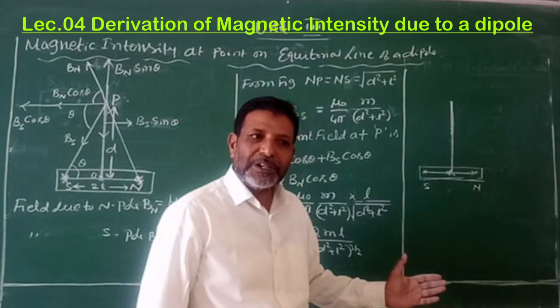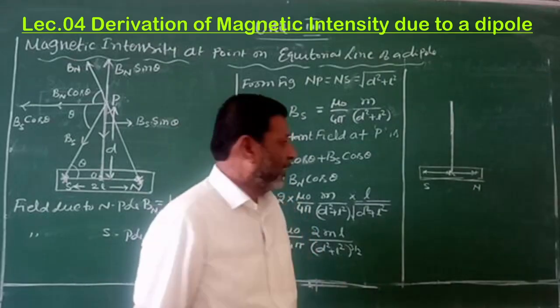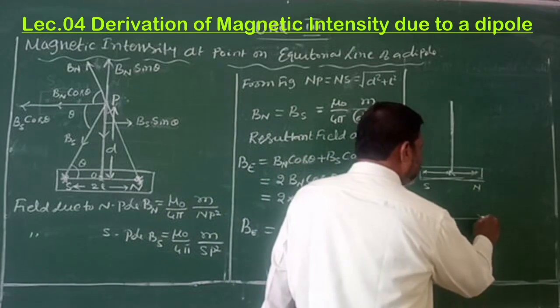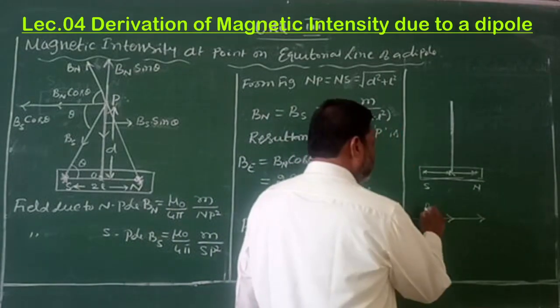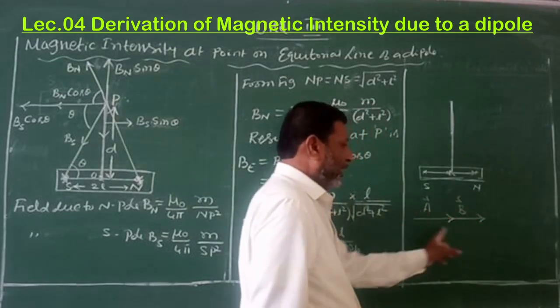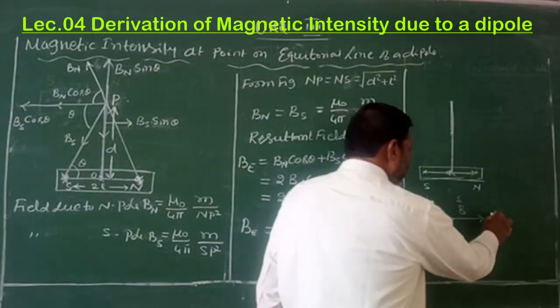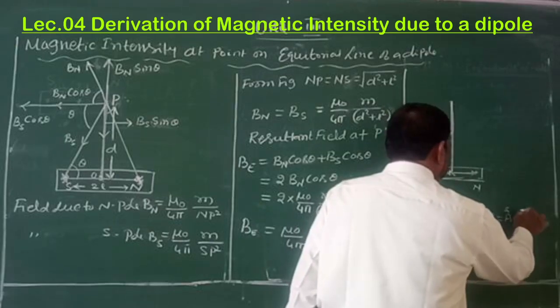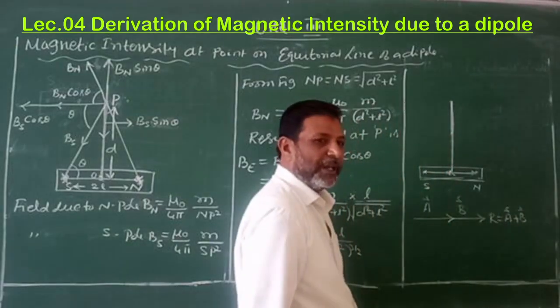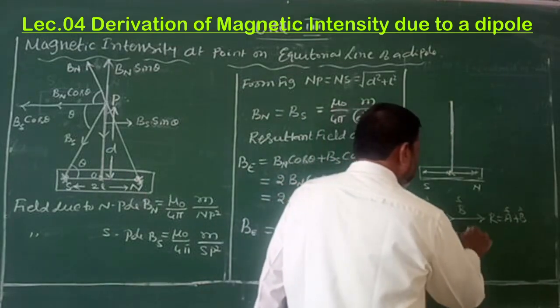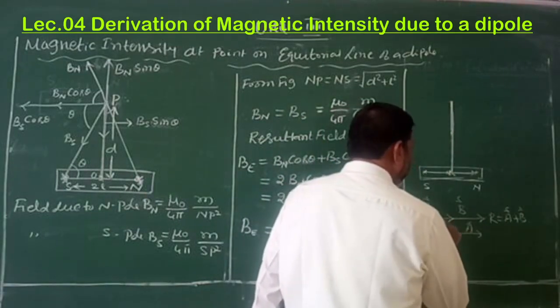In the previous derivation, we observed that if the two vectors are in the same direction, let this be A bar and this be B bar, then the resultant of these two, R bar, is equal to A bar plus B bar, like this. Now suppose they are in the opposite direction. Then this is A bar and this is B bar.